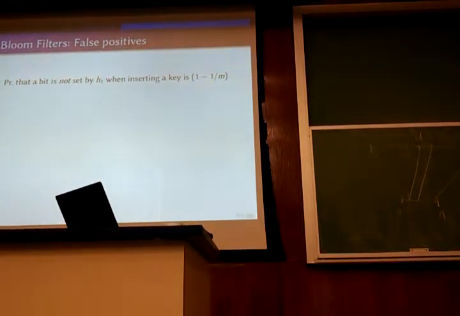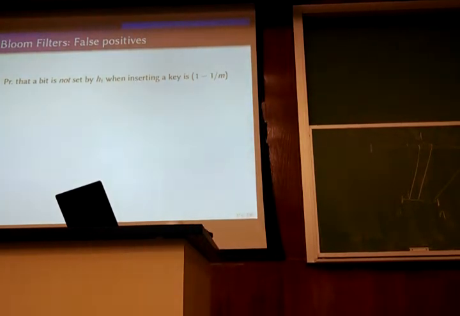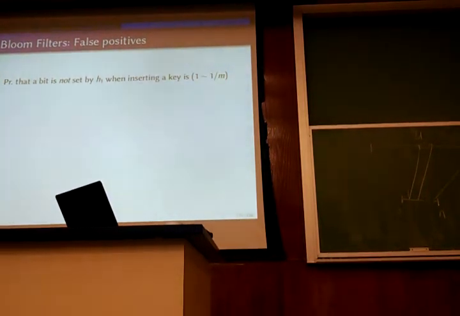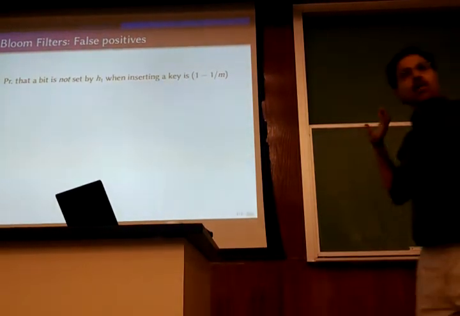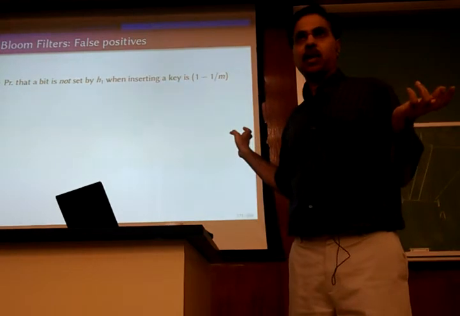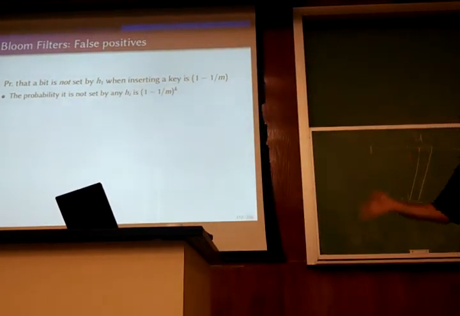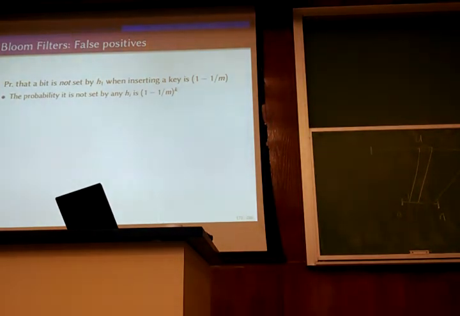Well, of course, that one hash function could produce any of the m values. And therefore, the probability that any particular cell was not touched is 1 minus 1 by m. So there's only a 1 by m chance that this particular cell was picked by the hash function h1. What happens when I complete the insertion of one key?